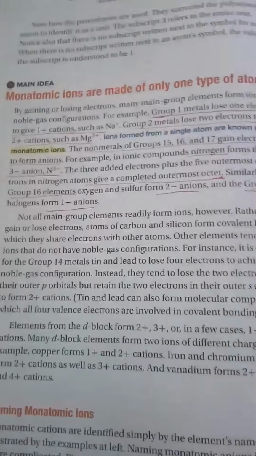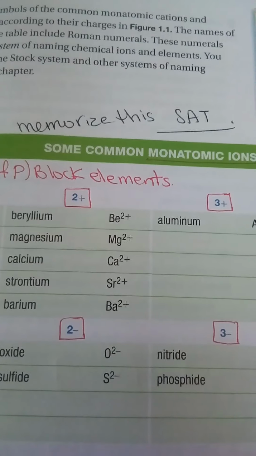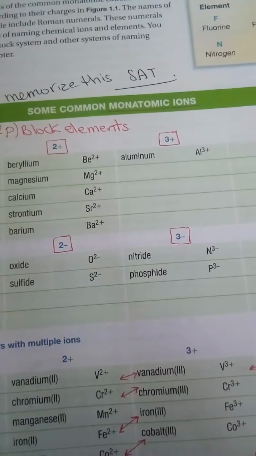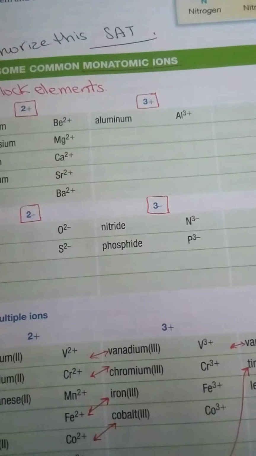They're just giving you some examples here, but that is all summarized in this table over here, as you can see. And I wrote a note: memorize this for SAT. So you have to know this. So what do I need to know? The main group elements, as you can see, they have +1, +2, +3, and then -1, -2, and -4.